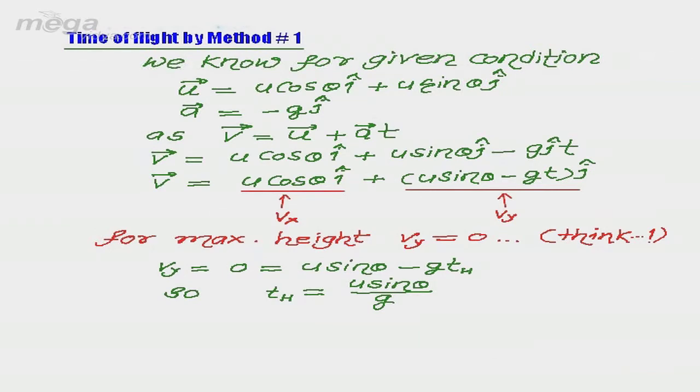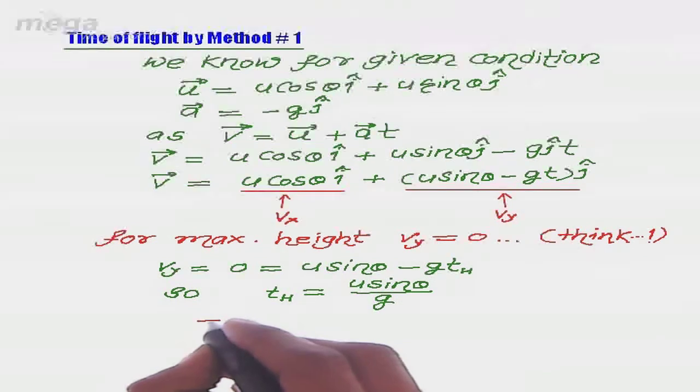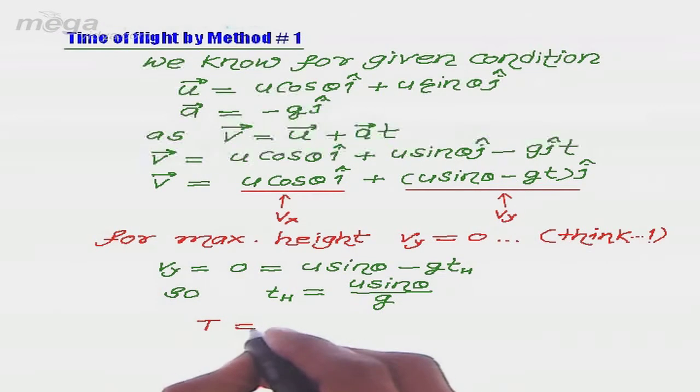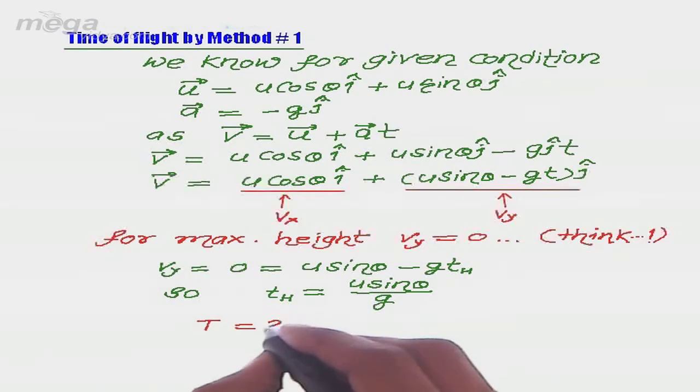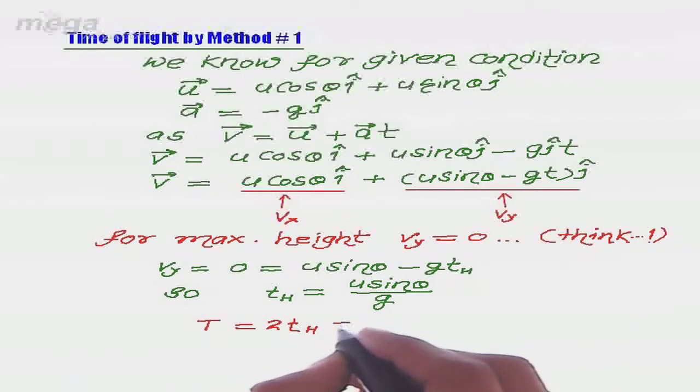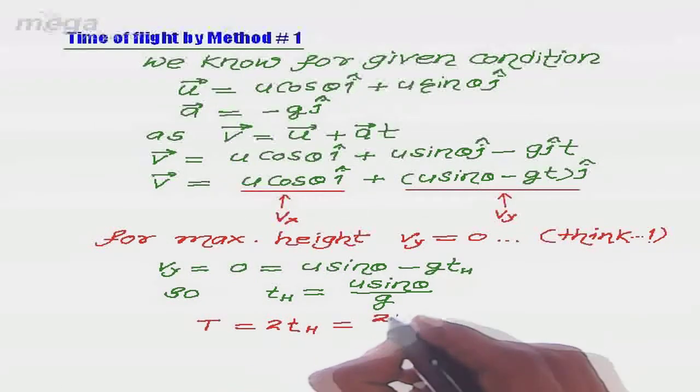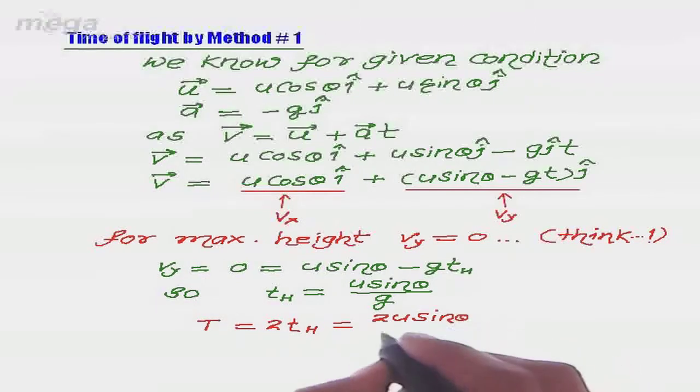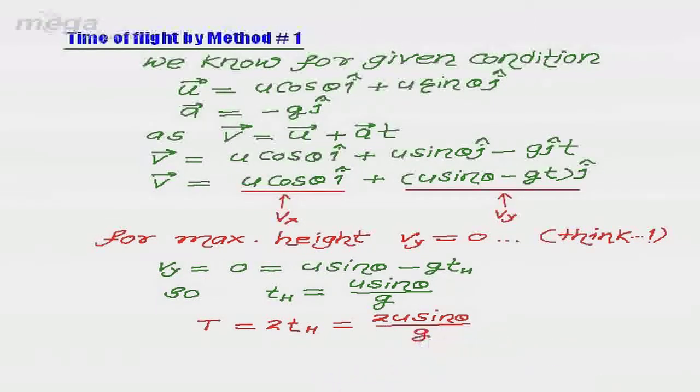As we have earlier discussed, the time of flight of the projectile in this case is 2 times the time taken to ascend to its maximum height. So it becomes 2 times u sin theta divided by g, which is our desired answer. So students, this is the time of flight for this case.